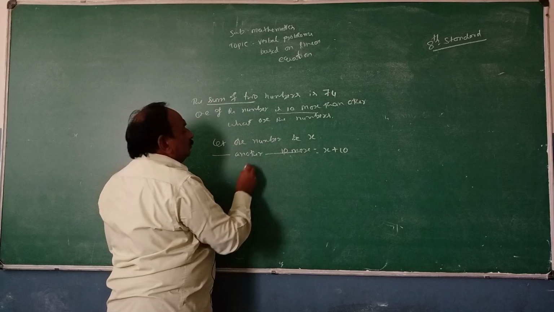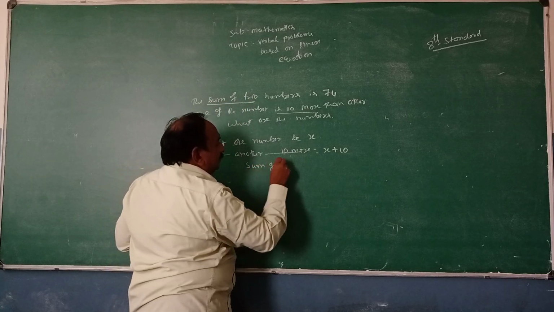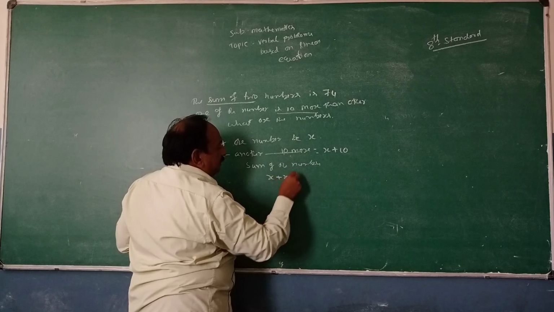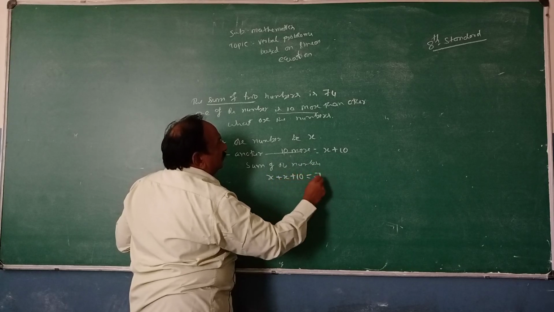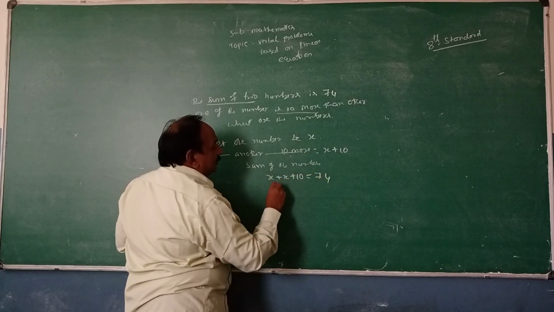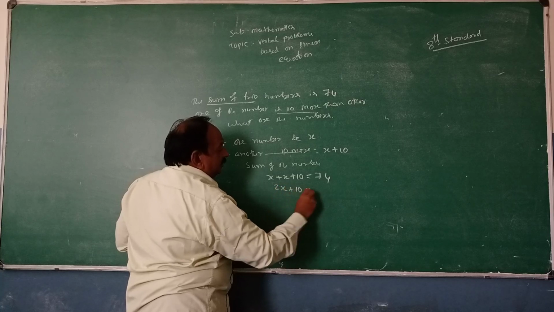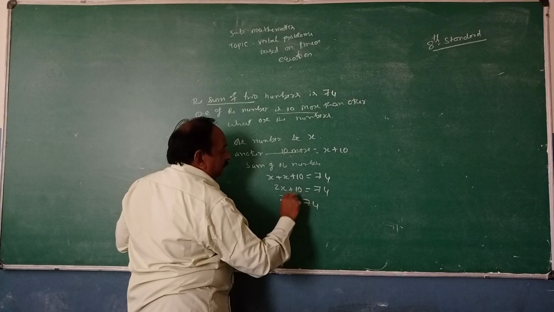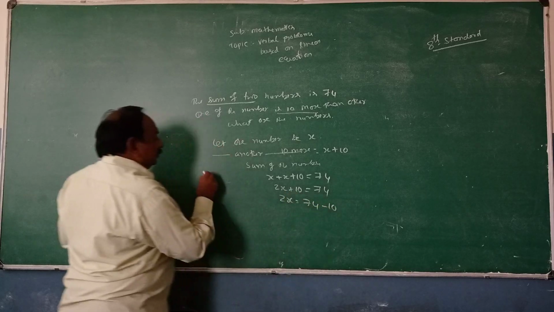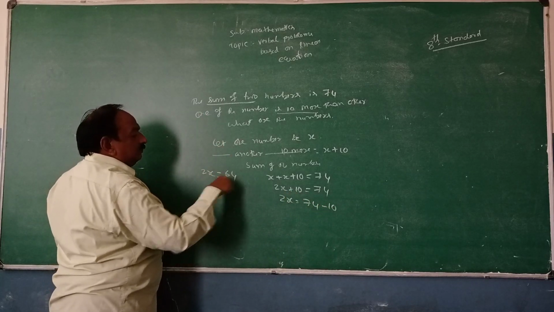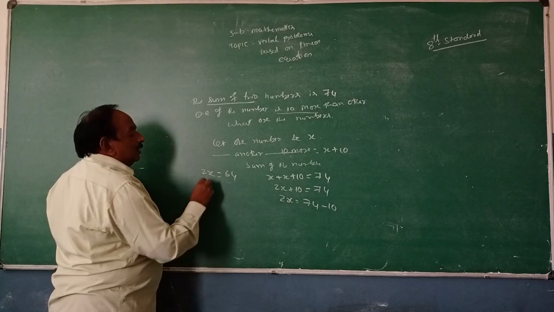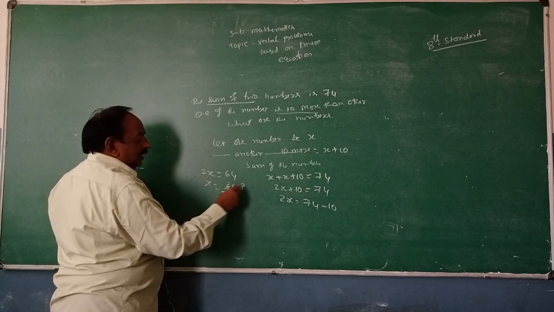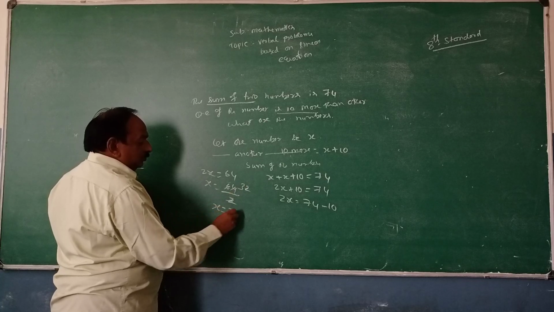The sum of the two numbers, x plus x plus 10, is equal to 74. 2x plus 10 is equal to 74. 2x is equal to 74 minus 10. 2x is equal to 64. x is equal to 64 by 2. x is equal to 32.